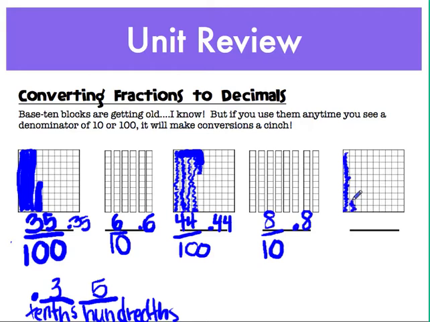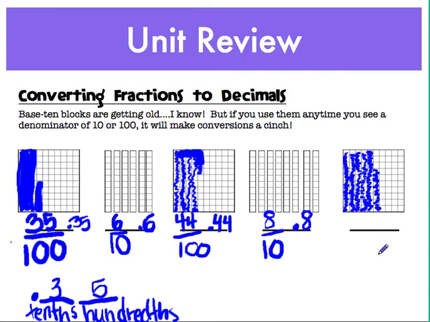When you see these kind of questions on a test, they might give you several of these hundredth blocks like this. And they might say, pick which one represents something like 48 hundredths. Well, you would have to pick the right one.